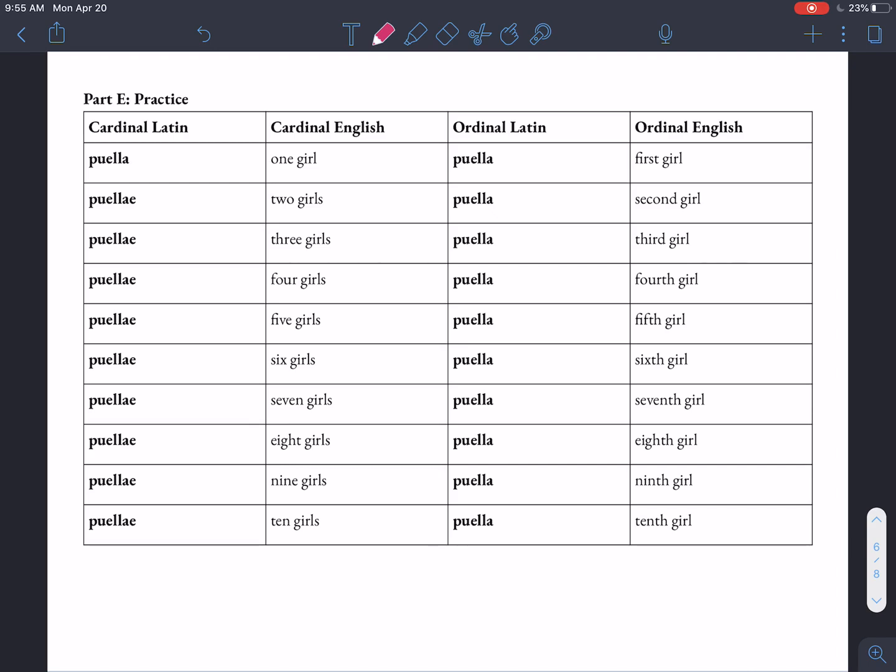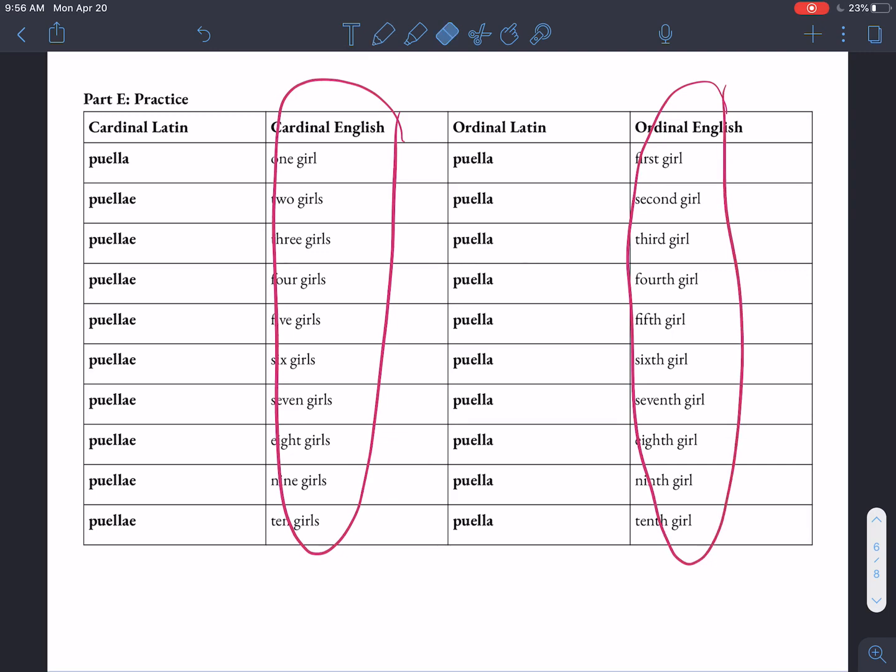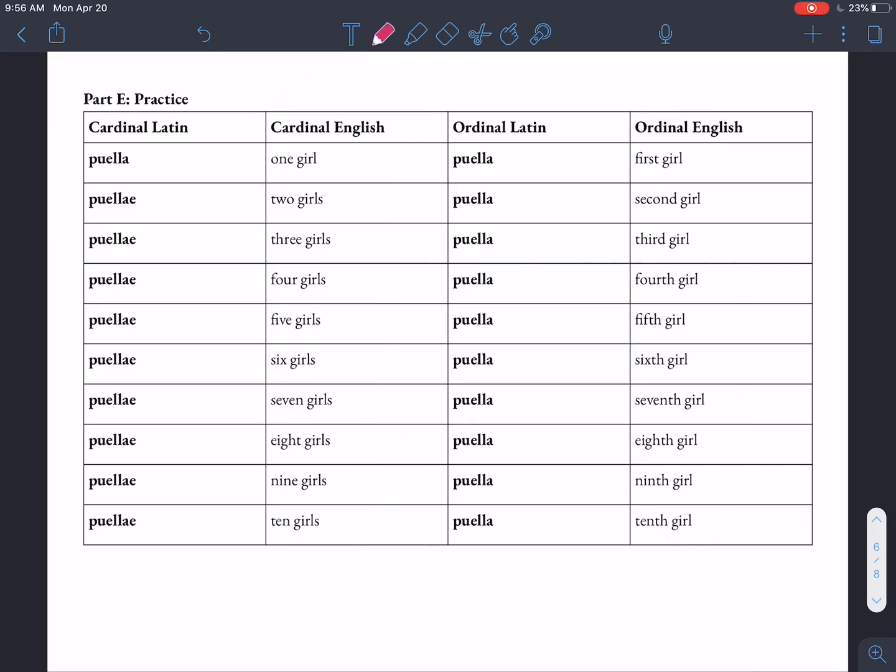Just give me 1 second while I pull up something. Okay, awesome. So in these columns here, we've got our English. What we want to do is put the correct kind of number next to our words here. Let's do that now.